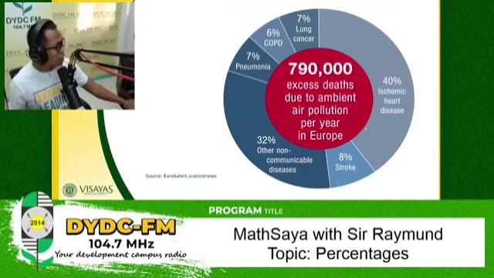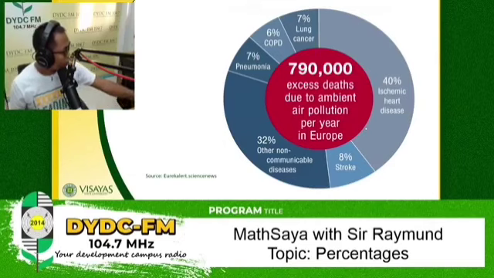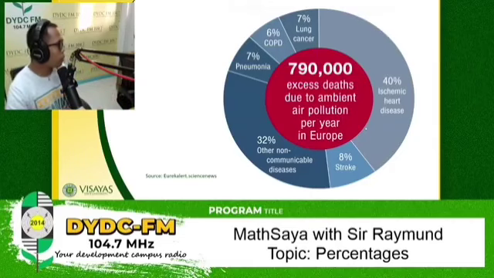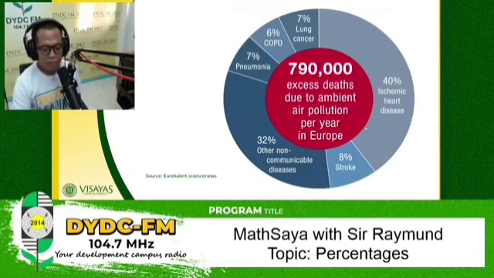Alright, makita nato diha source nato sa Eureka Alert, Science News. So it is shown there sa figure diha ang pag-present in percentage form ang mga different causes or ang excess deaths due to ambient air pollution per year in Europe.